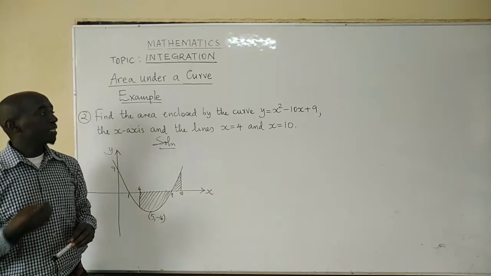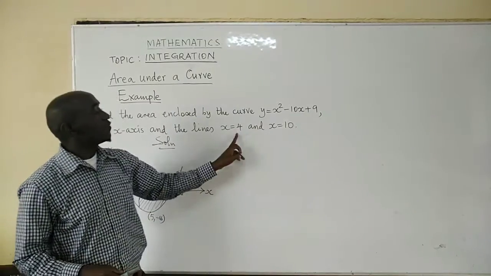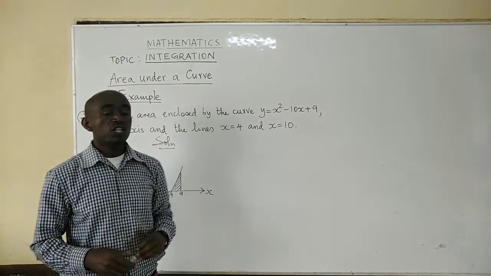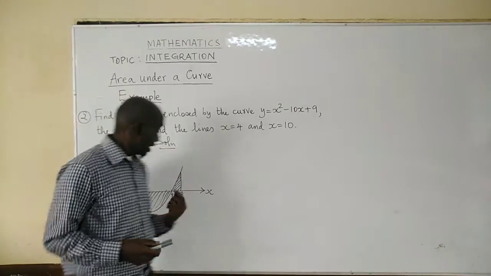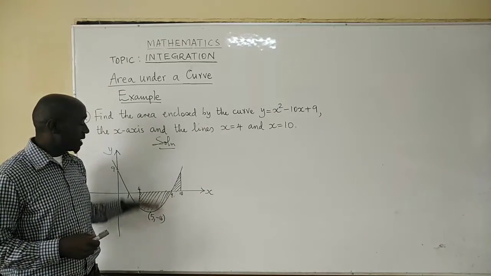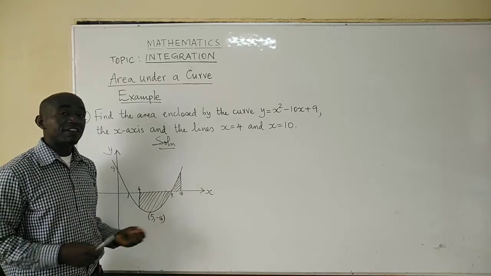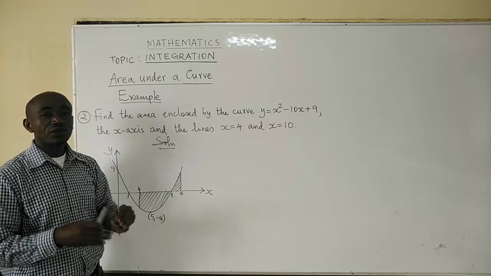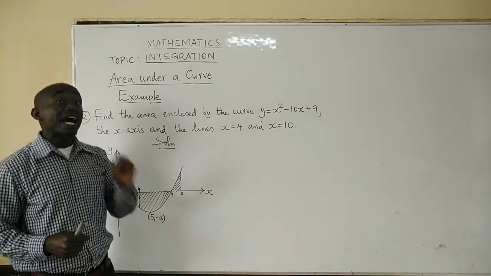So how do we deal with such a case? If you integrate this and then put the limits 4 and 10, my dear learner, you will get a wrong answer, because remember, part of it is below and part of it is above. So this will be negative, that will be positive. If you add a positive number and a negative number, you subtract. So the area becomes less than the actual area.